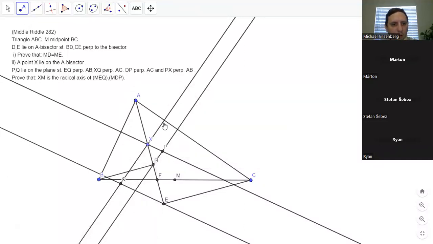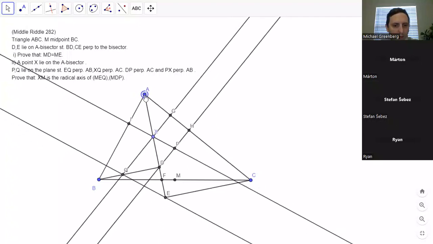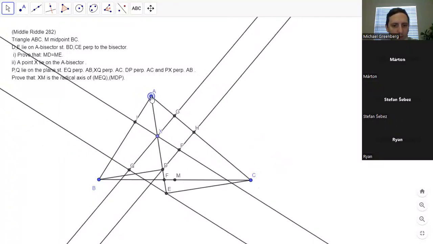Let's draw the feet of all these perpendiculars. So we have all these perpendiculars. The lines cross at P and Q like this, and let's make Q look a little better. Maybe something like that.